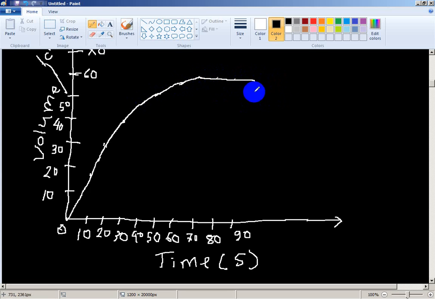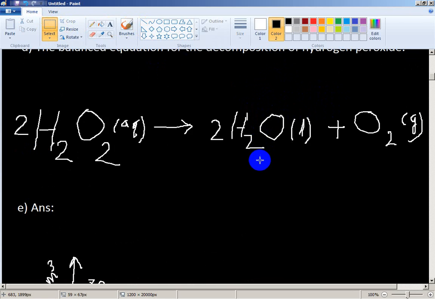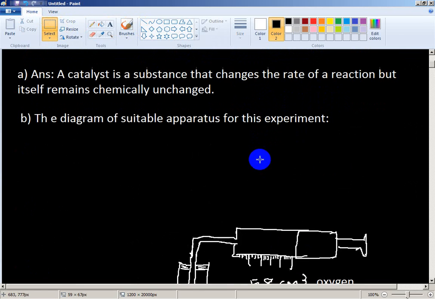Okay, this is flat here. So have you seen what this is, drawing finished? Okay, this is flat. So this drawing is finished.